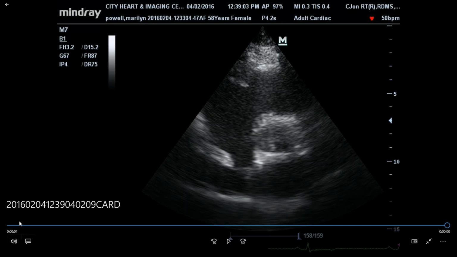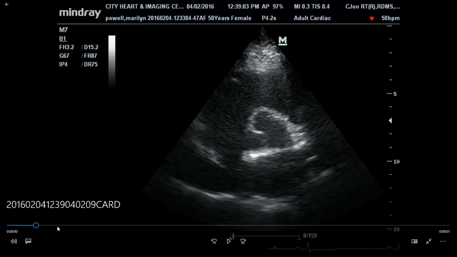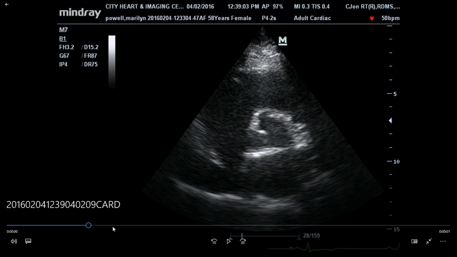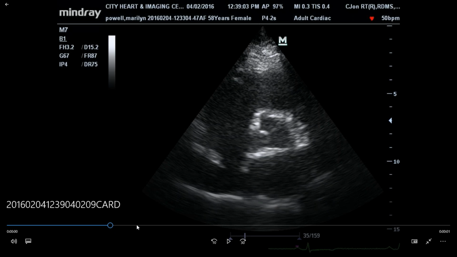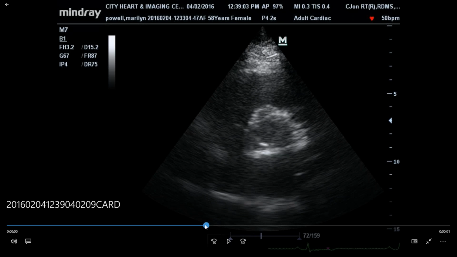Okay. So you should try, when it's closed, you might see what looks like three cusps, but it's just a raphe. So you have to open the valve like this. Yeah, there's one cusp there, another cusp, and then the third one is right there.